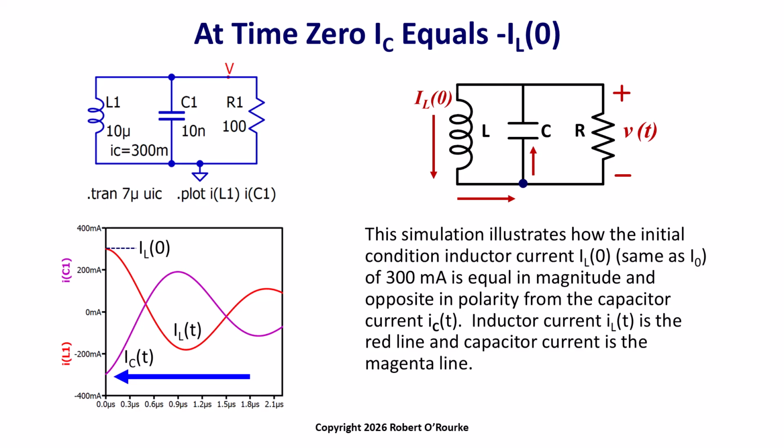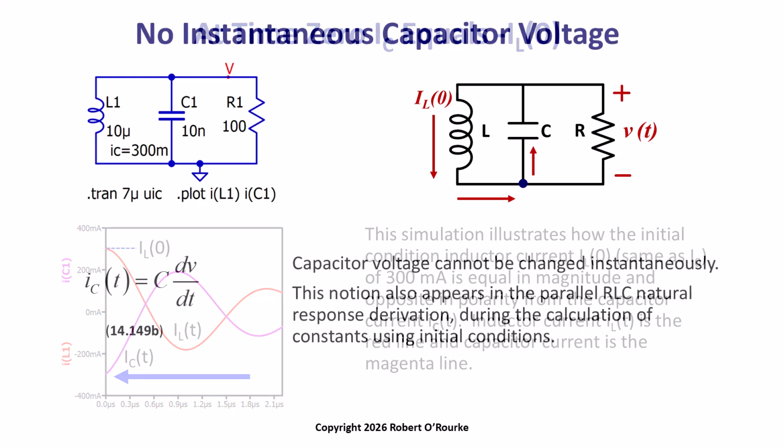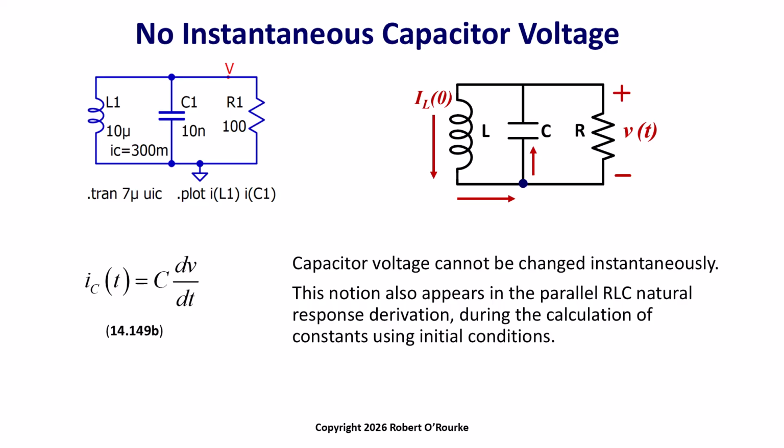Okay, but why can't the instantaneous inductor initial condition current right at time 0 appear through the resistor? The answer is that the capacitor voltage cannot be changed instantaneously. An instantaneous resistor current means an instantaneous voltage across the resistor and the capacitor.